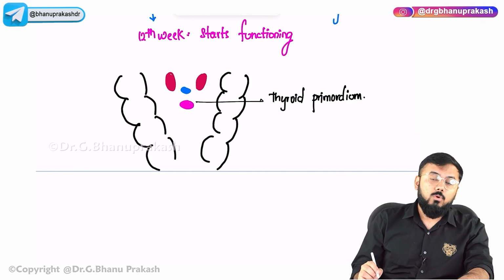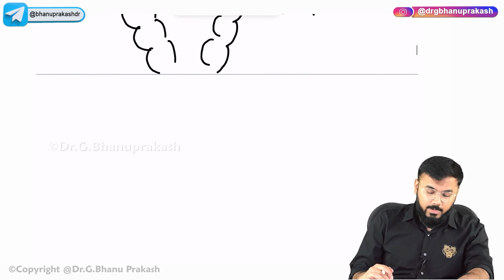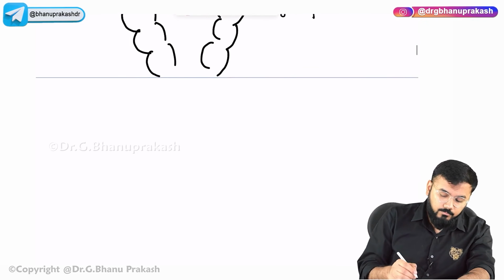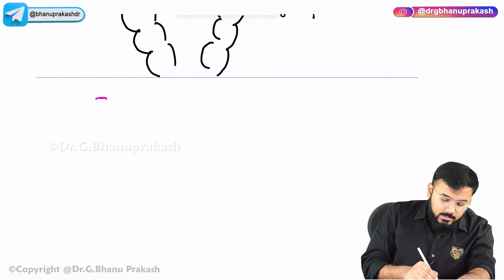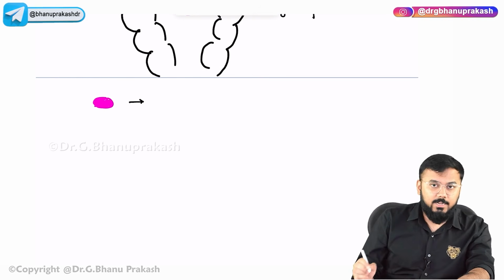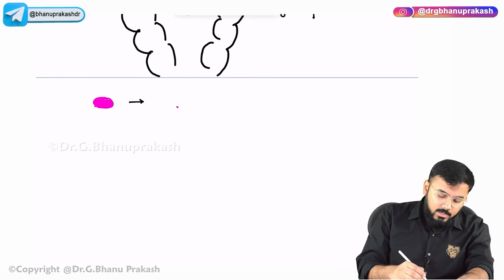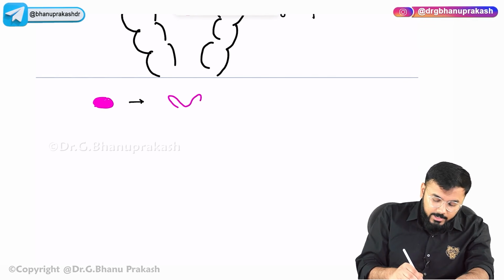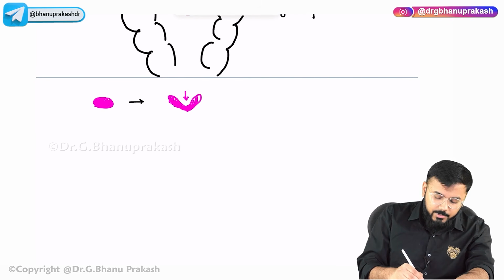Now what is happening with this thyroid primordium? All of you look here. This thyroid primordium will invaginate inside, so a small depression develops within it like this. You see the depression over here.